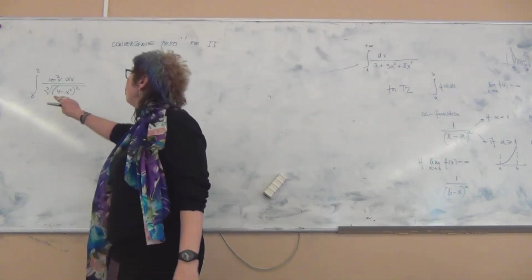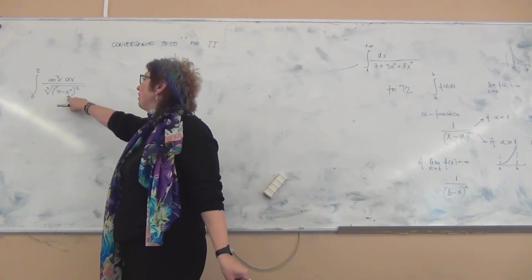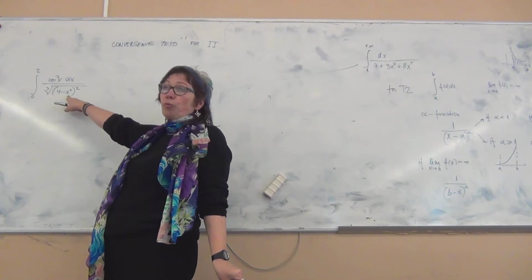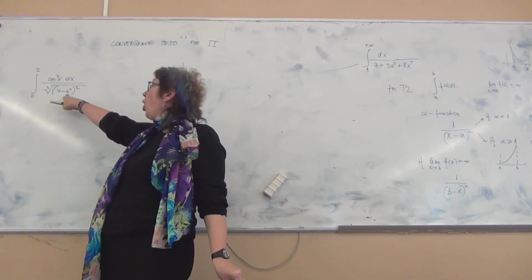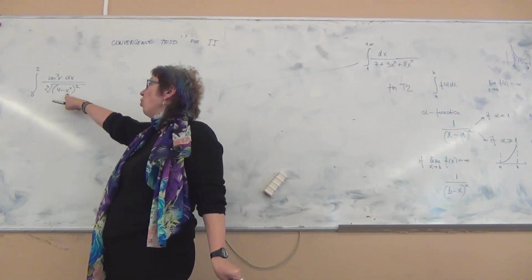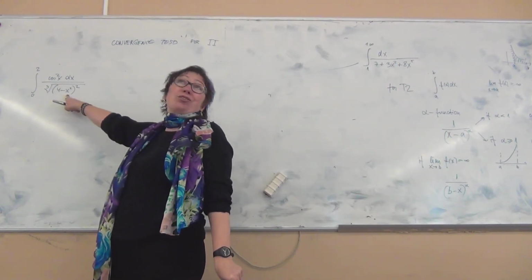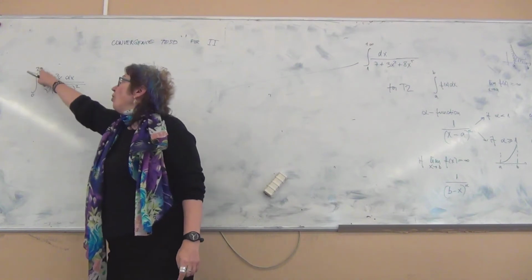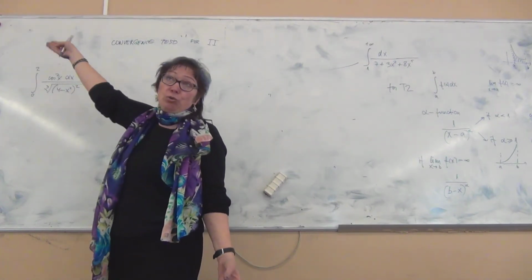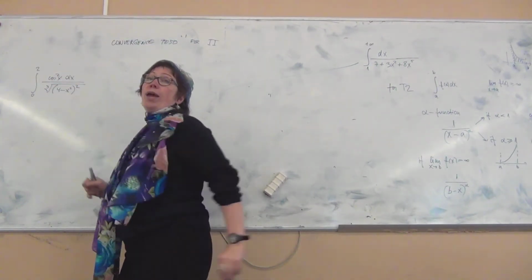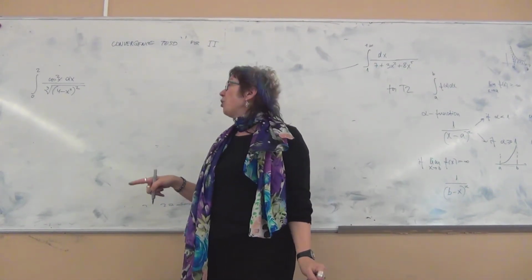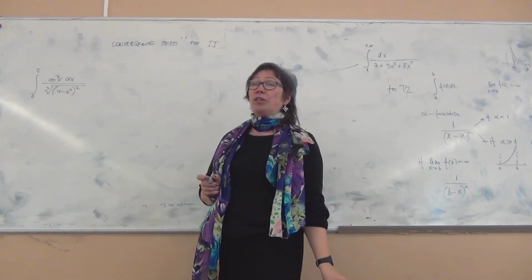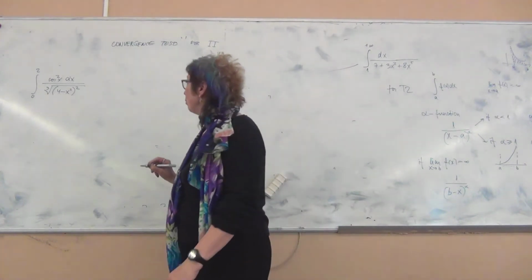Okay, so we can see that 0 is not the danger point. Here we would get 0 in the denominator only if x is 2 or minus 2. Minus 2 is not interesting for us because the integral is from 0 to 2, so minus 2 is far away. So x equal to 2 is obviously the bad point.